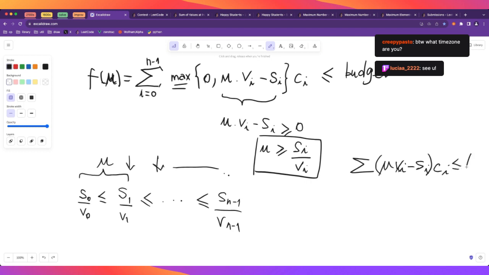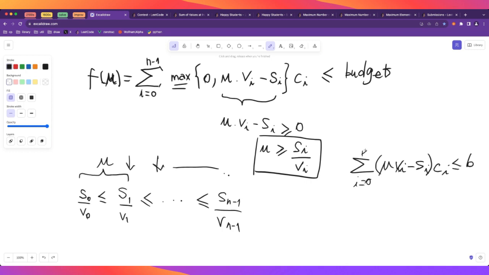So eventually we're going to have a condition like this for some k, because for some values this is going to be 0, like we said here, but some of them are not going to be 0.